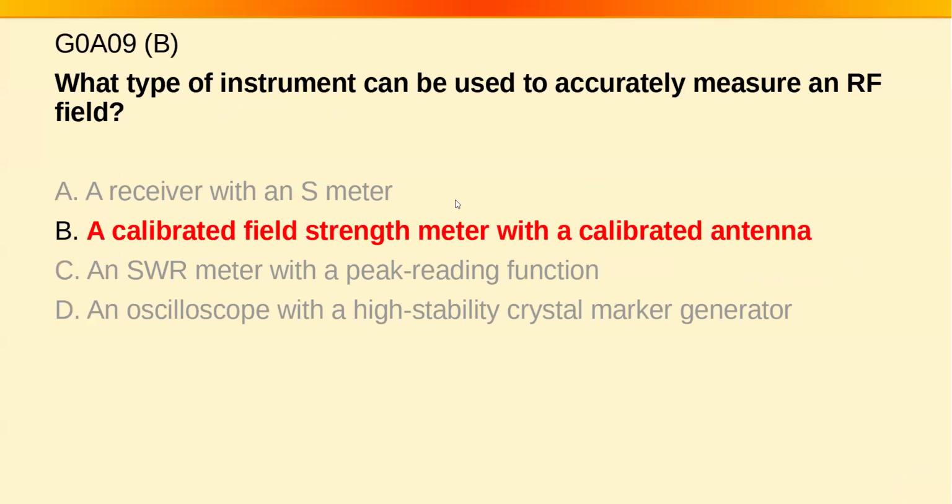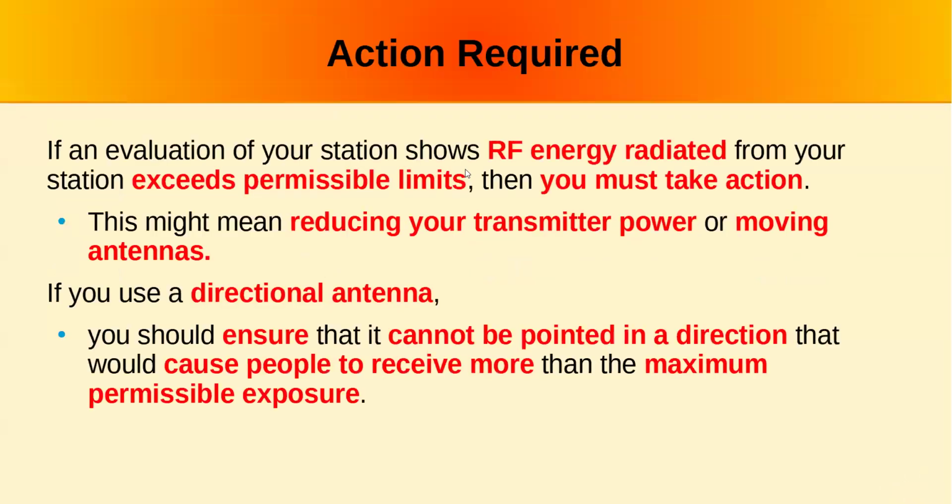Yeah, you can get these little cheap field strength meters, which move the needle. That would be good for maybe relative readings. It's stronger here than it is there, but you have no idea whether it's within any limits.